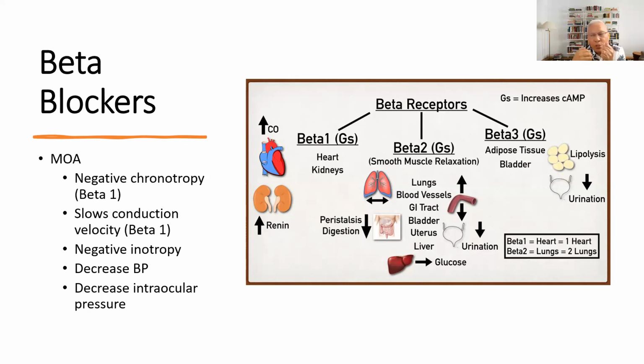So the end result, therefore, would be that there will be a negative chronotropy, meaning to say that there will be a decrease in heart rate. It slows down conduction velocity in the AV node, and it also causes negative inotropy. So which means to say that you have a decrease in the force of contraction.